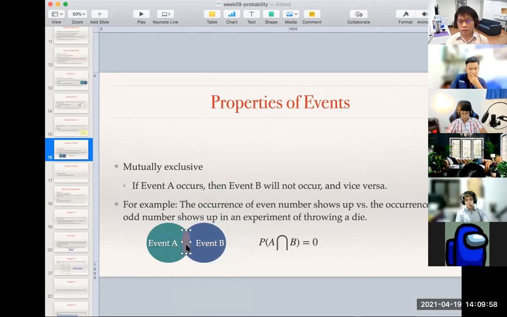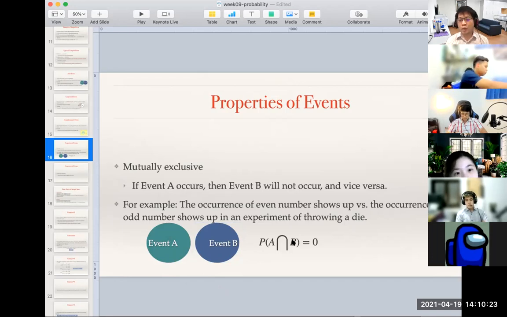What does it mean? They don't have any intersections. If event A occurs, then event B will not occur. So it means that event A and event B are independent of each other. They don't have any relation at all. Their only relation is that they are exclusive toward each other.